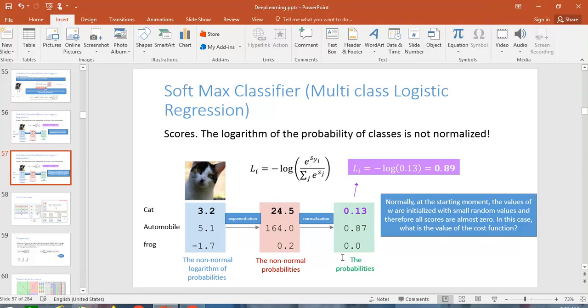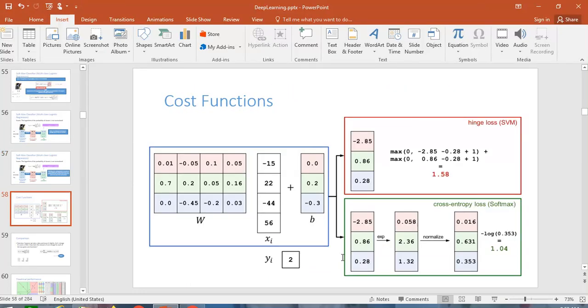Now we have x and we have w and b, and we want to know how good these w and b are for a particular data. We multiply w by x and add b. We said one method is the hinge function or multiclass SVM, and another method is the one that we have seen now, called the softmax function.